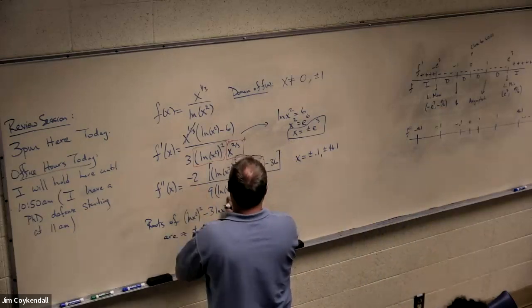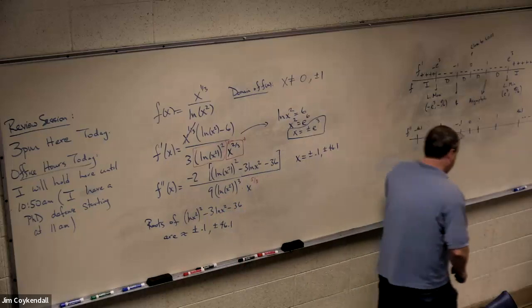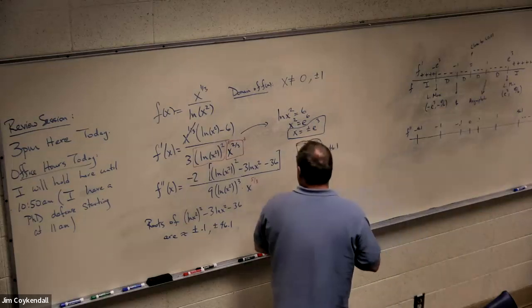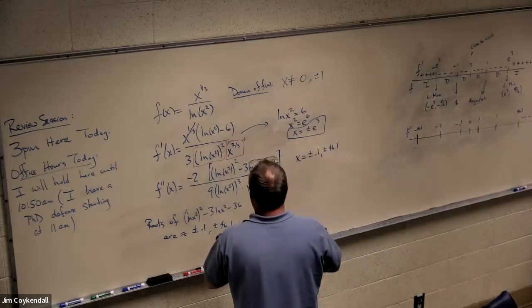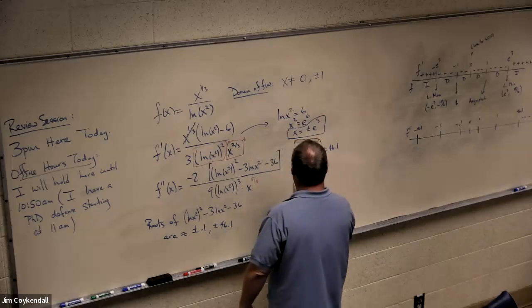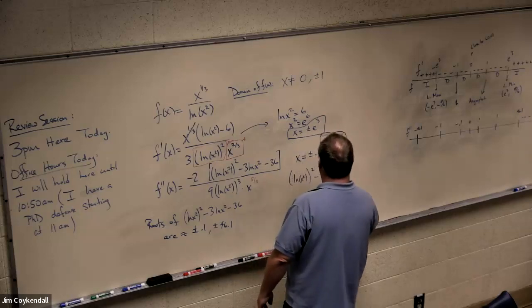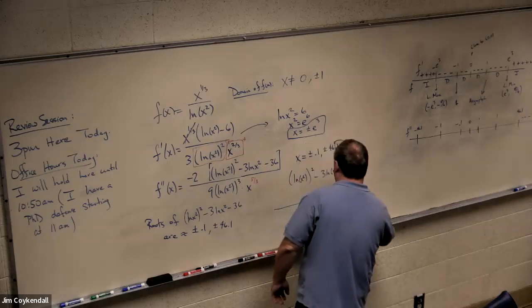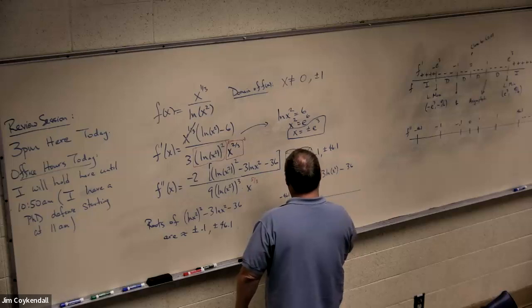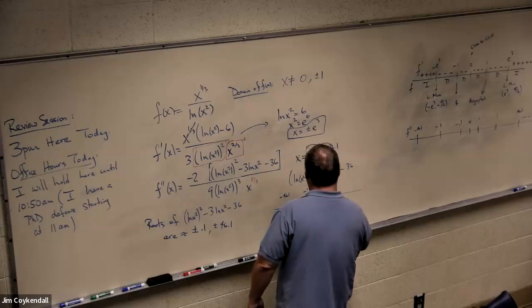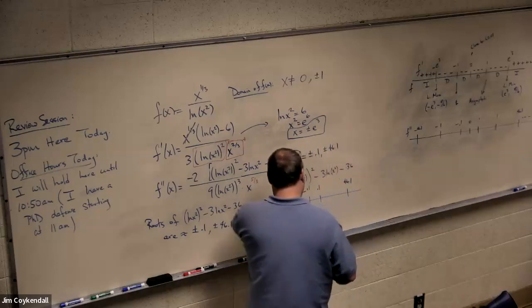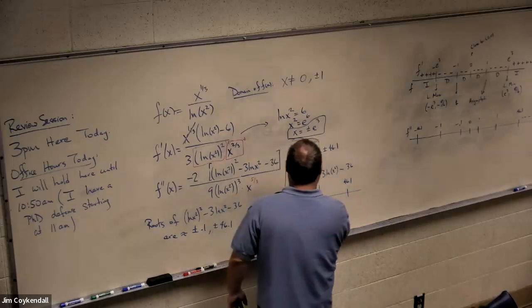Positive times negative. So it might help to look at the log of x squared minus 3 log x squared minus 36. Let's just see what that piece looks like.